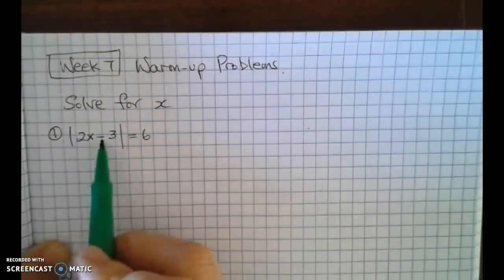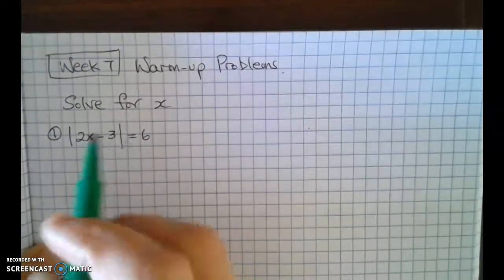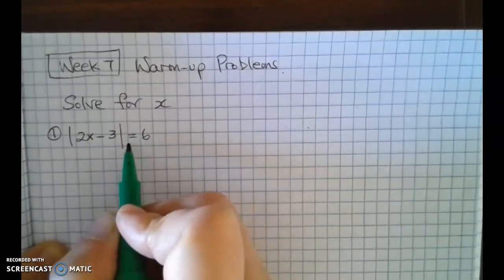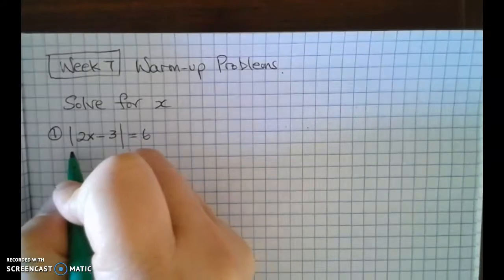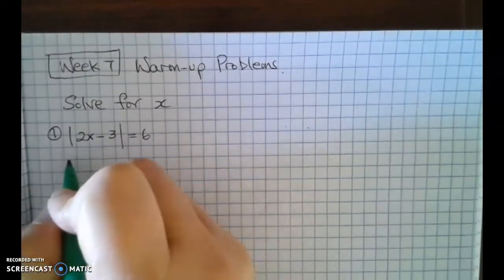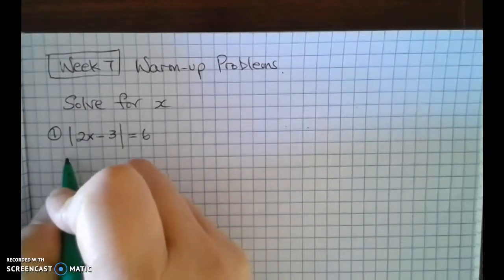When you have an absolute value expression being equal to a number, then you first need to check, is this a positive number? Yes, it is a positive number. So then you write two equations, but when you're writing your two equations, it needs to be without the absolute value symbol.